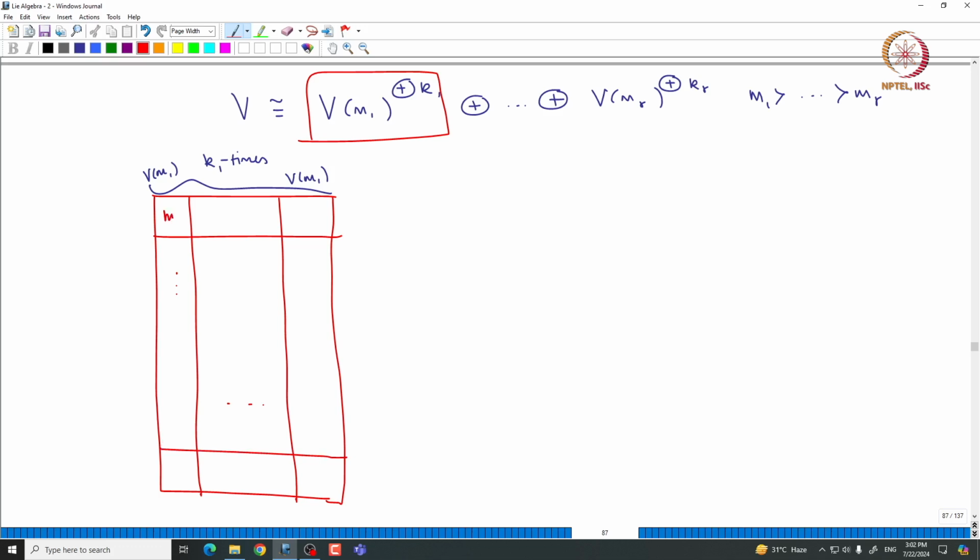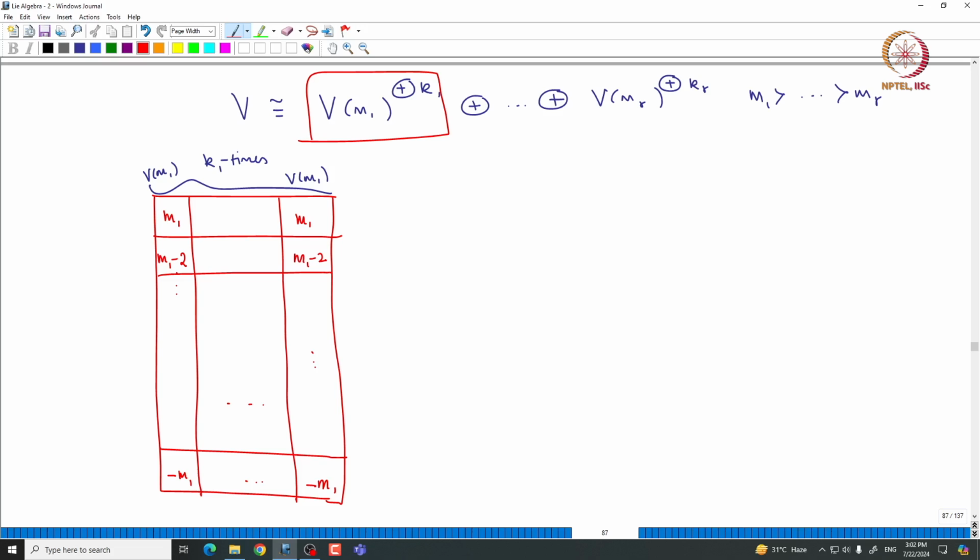Here the top weight m1 appears, and here the lowest weight minus m1 appears, and at the second level you have m1 minus 2, and here as well you have m1 and m1 minus 2 and so on, and then you have minus m1 here. So, this is how these entire copies of Vm1 appear inside capital V. Just a pictorial interpretation.